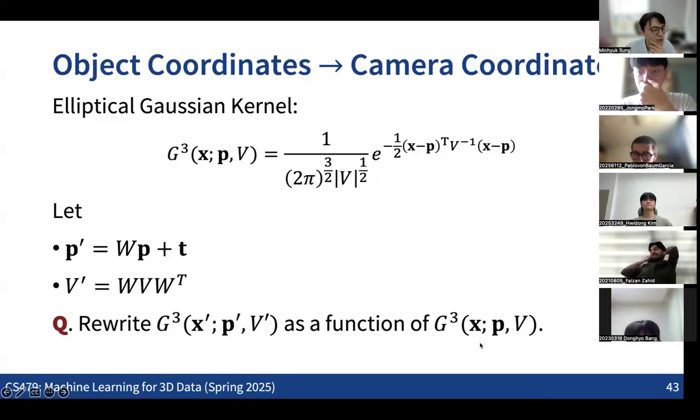Can we represent the Gaussian kernel defined in the object coordinates as a function of the Gaussian kernel defined in the camera coordinates? Try to rewrite the Gaussian kernel defined in the object coordinates as a Gaussian kernel in the camera coordinates in this form, based on the definitions of P prime and V prime and the Gaussian kernel here.